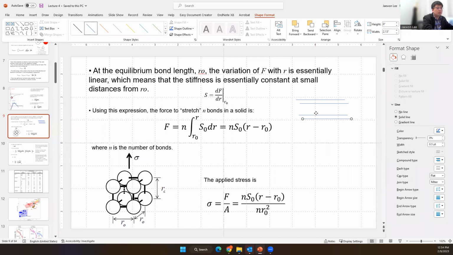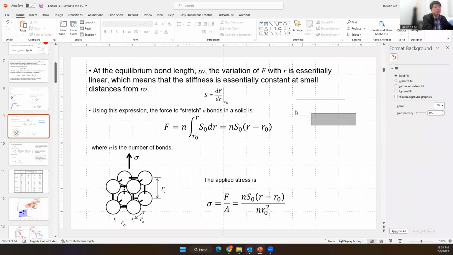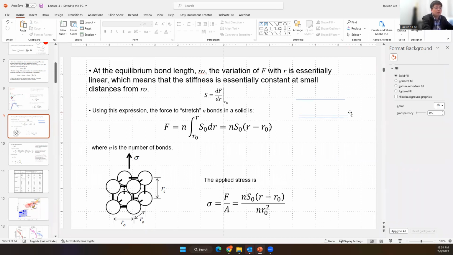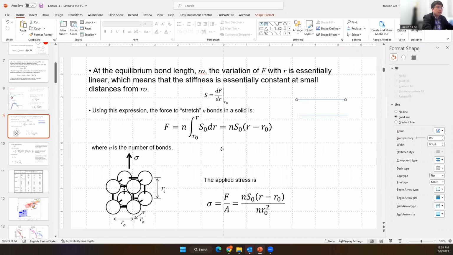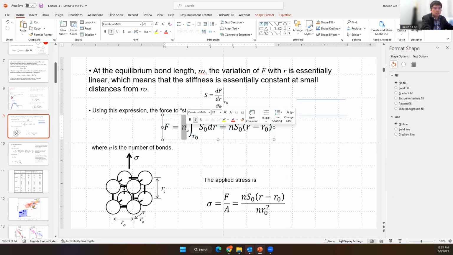Do you remember? If there are two bonds, we need more force to make the same increment of the distance between them. So at the time, we need to multiply by how many bonds there are, and then we can calculate the force.